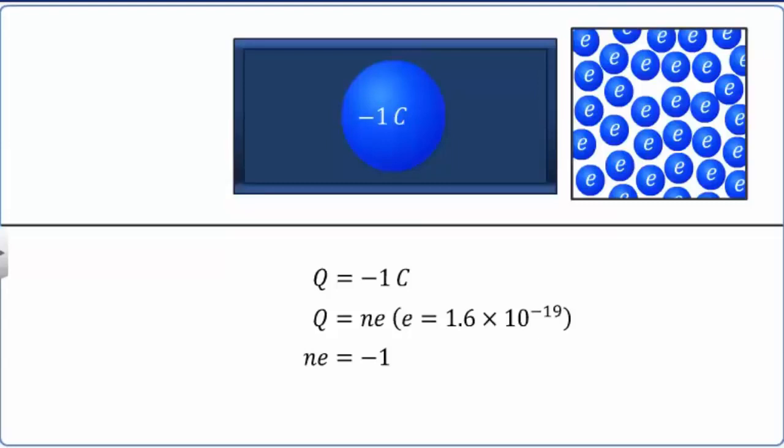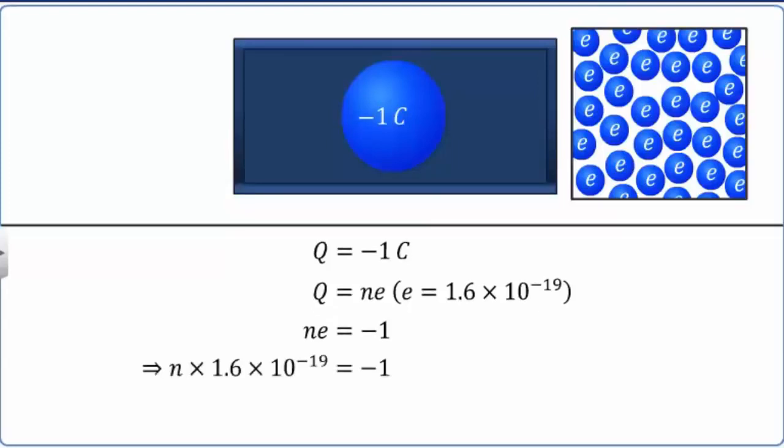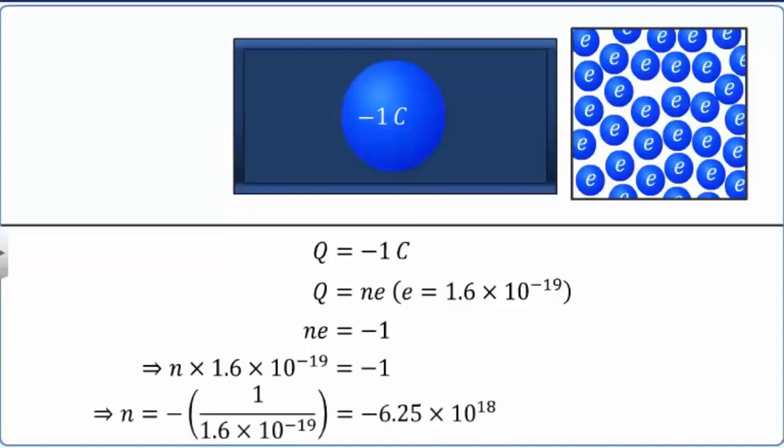Substituting the values of Q and e and simplifying, we have n equal to minus 6.25 into 10 power 18. Here, n is a negative integer, indicating that the body has gained a negative charge.